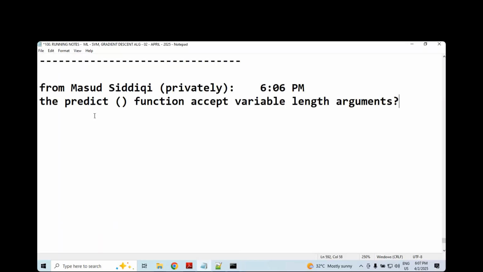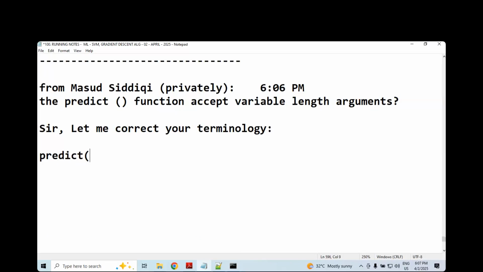One minute. Sir, let me correct your terminology. First point, predict is a method. We should not even pronounce it as a function. This one small point is enough to filter the candidate. But that's okay, no worries.